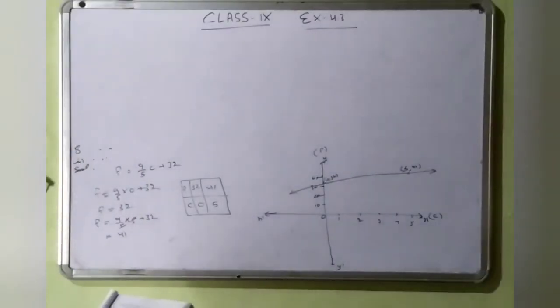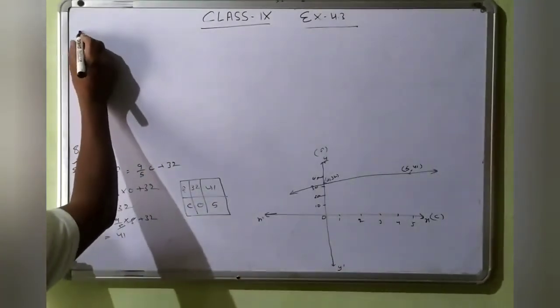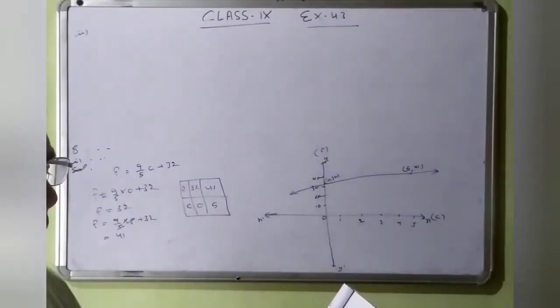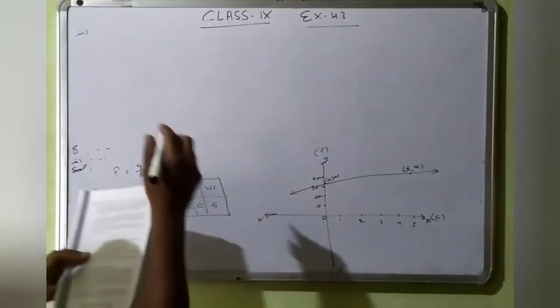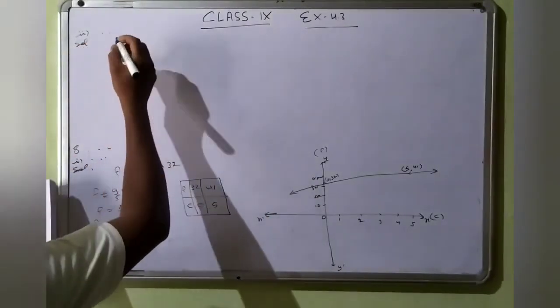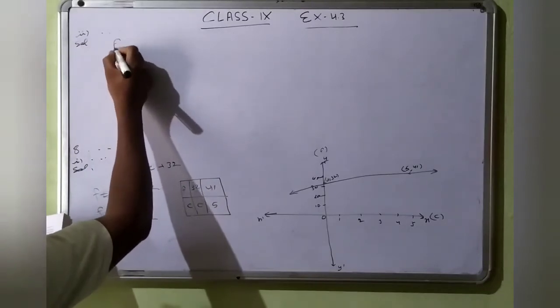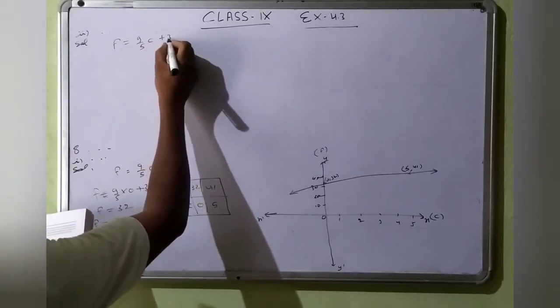Second part: if the temperature is 30 degrees Celsius, what is the temperature in Fahrenheit? First of all we will write the equation. F is equal to 9 upon 5 C plus 32.